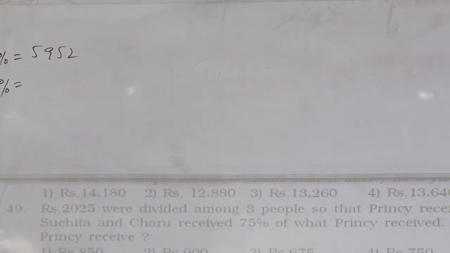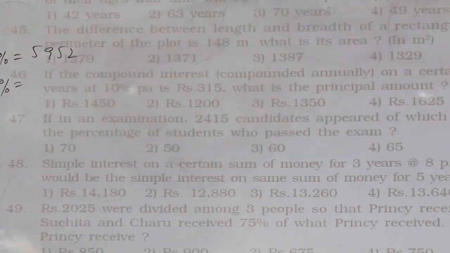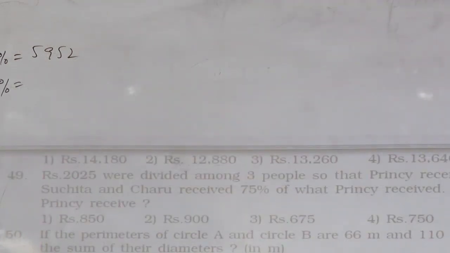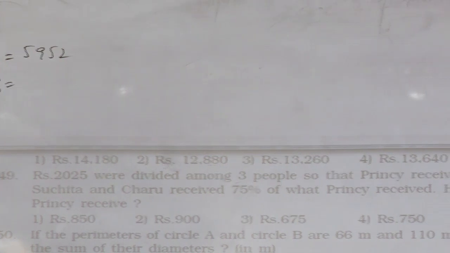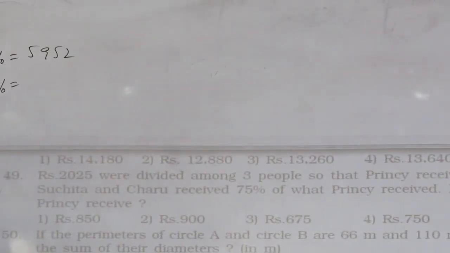Next, 49. ₹2,025 were divided among 3 persons, so that Princey received twice as much as Suchita and Charu received 75% of what Princey received.